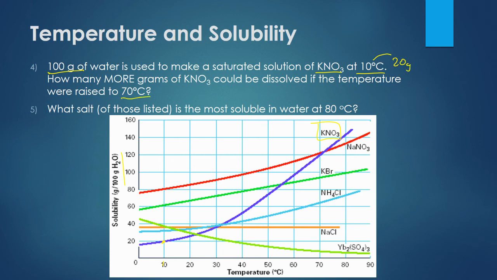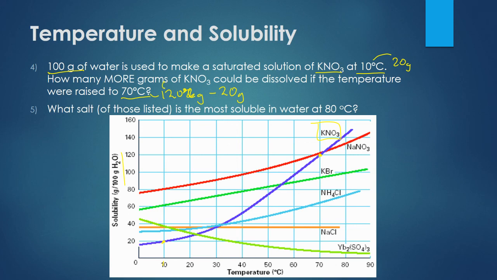But then it's asking us how much more will be dissolved if we go up to 70. So now we're going to look at what it is at 70, which is right here at this point, which is 120. And it wants to know how much more. So what we have to do is find the difference. We're going to take the 120 and subtract that 20 grams.